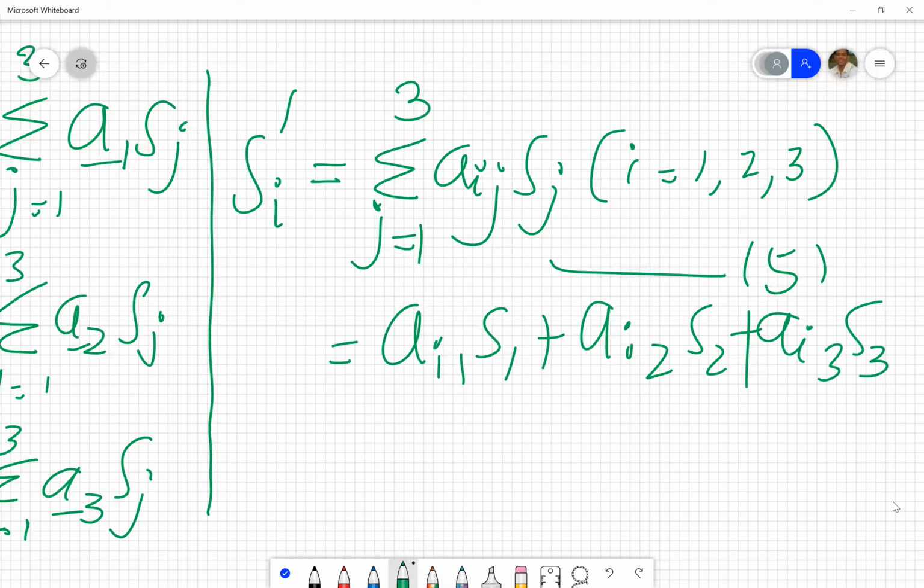Now we are putting in only the values of j. If you start putting in values of i, then it will be very easy for us to write every notation.